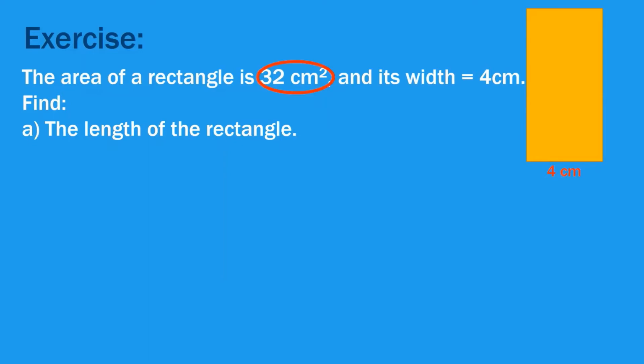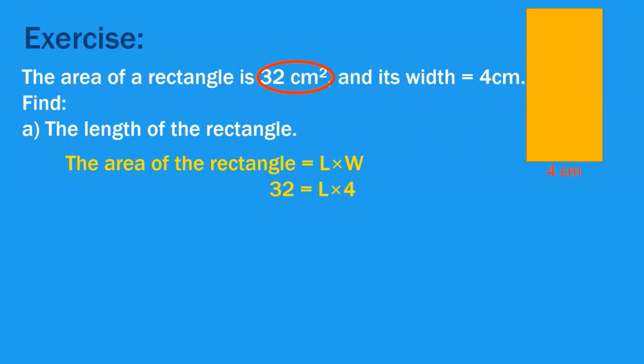So to get its length, let's use the area and the width. The area of the rectangle equals length multiply width. So 32, which is the area of the rectangle, equals L multiply 4, which is the width of the rectangle.